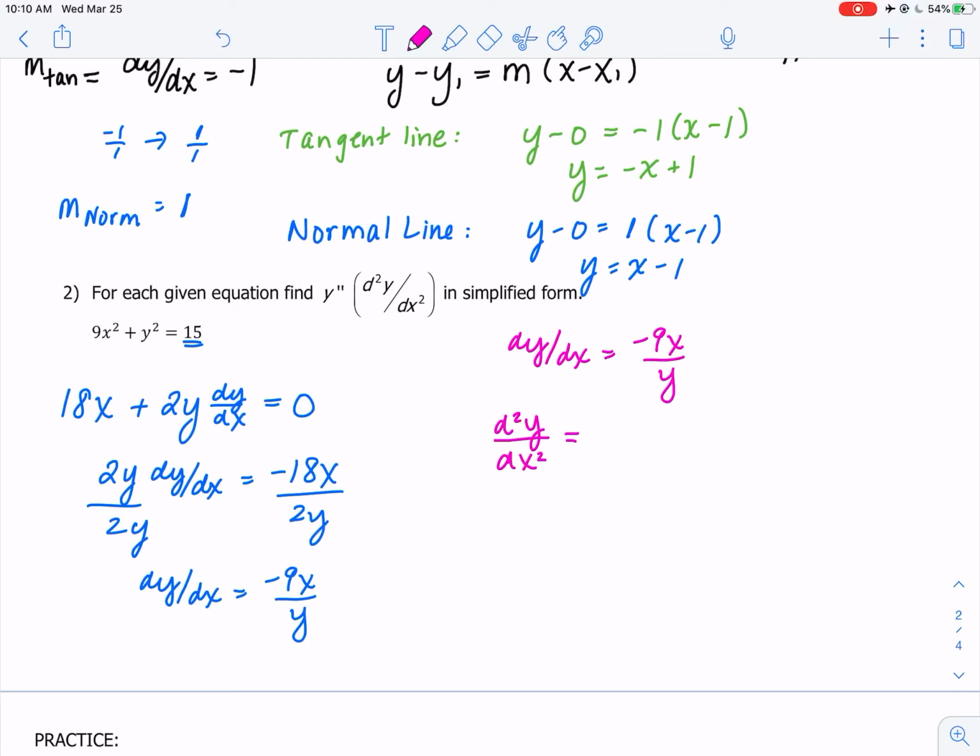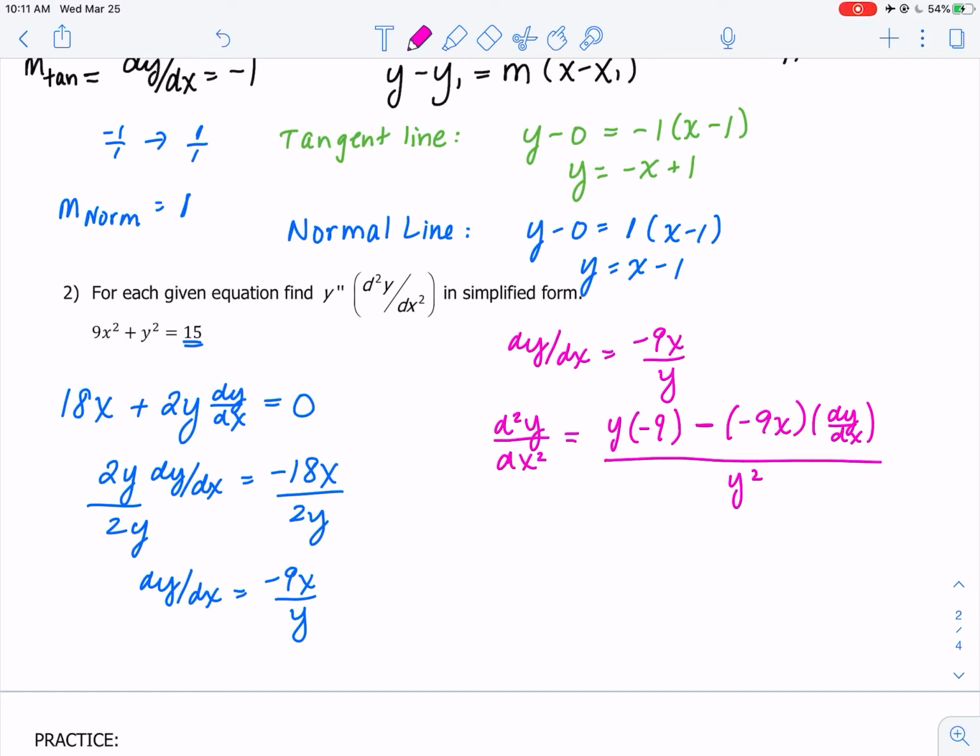We have the low, or the bottom function, times the derivative of the top function. The derivative of negative 9x is negative 9, minus high, that's negative 9x, the top function, times the derivative of the bottom, or d low, that is dy dx, all over low squared, or the bottom squared. That's going to be y squared for us.